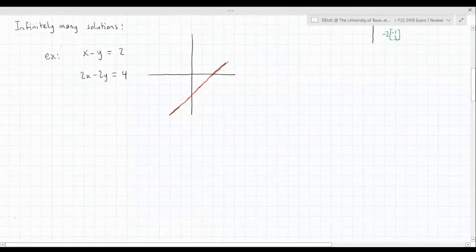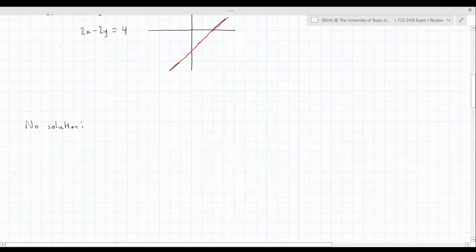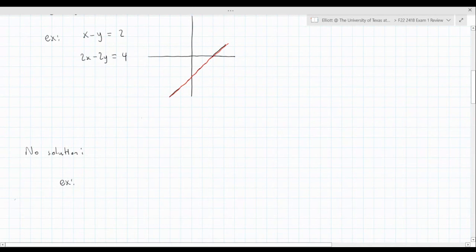The third possibility is that you could also have no solution to a linear system of equations. So an example of when you would have no solution, let's say we have the equation maybe like x plus y equals 1.